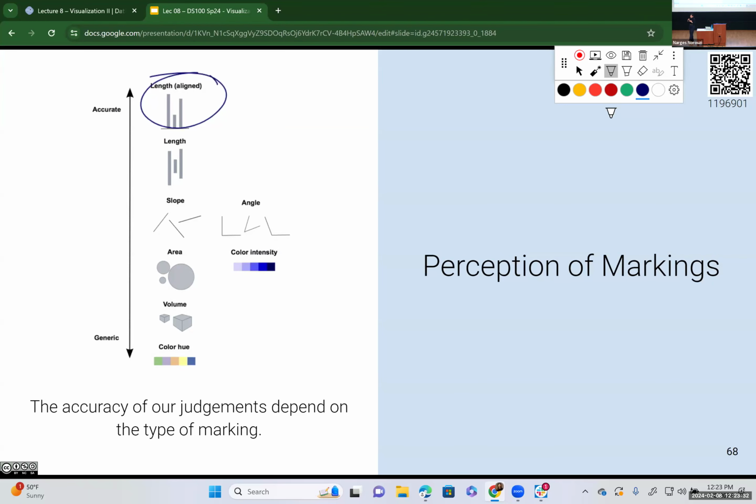Then we go a little more complex with slope and angles, which is the second layer. Then we go deeper with areas and volume. Things get more complex as you go down this list, and the most complex for a human to visually understand is color hues.